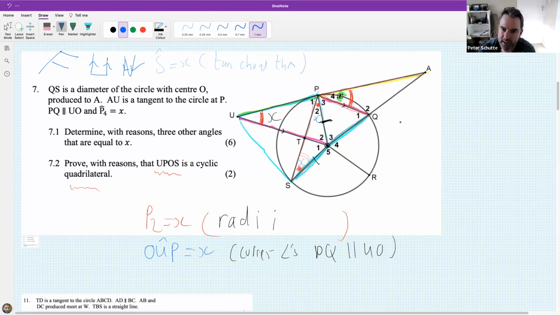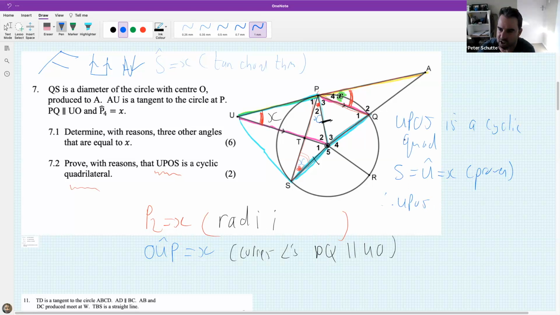So we can say that UPOS is a cyclic quad. And the reason is that we know that angle S equals angle U equals X. And that's what we've proven. And then we can say, therefore, UPOS is a cyclic quad.